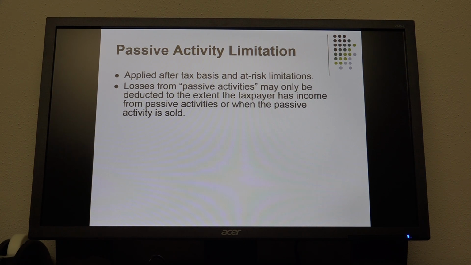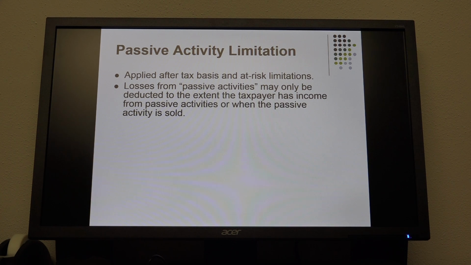That's wages, income from self-employment, things like that. You've got your portfolio income or losses. That's investment in capital assets, those sort of things. And then this passive income or losses is segregated from those first two.